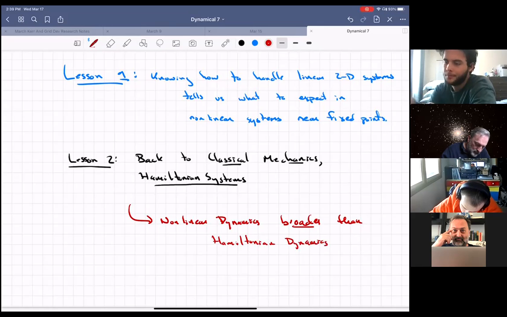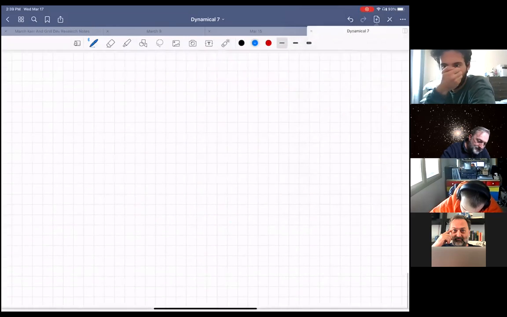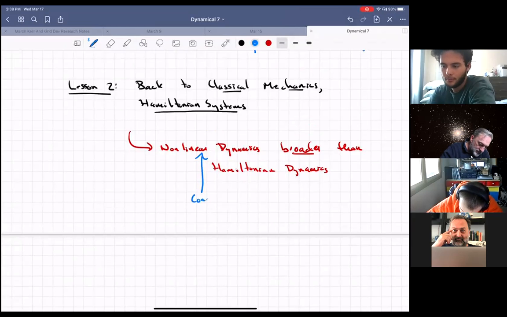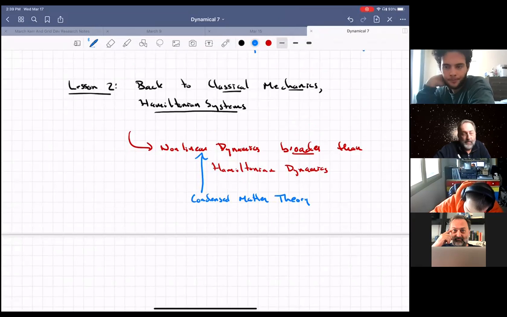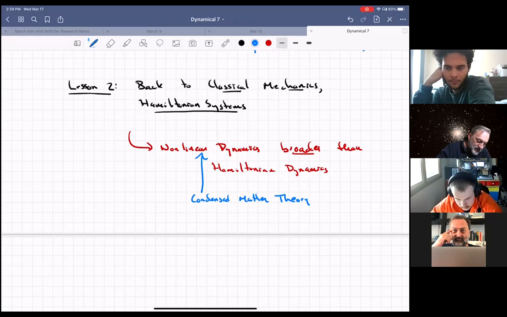And what I'll say about that is that largely the people who are studying nonlinear dynamics as physicists are studying mostly condensed matter theory. There are also some relativity people.